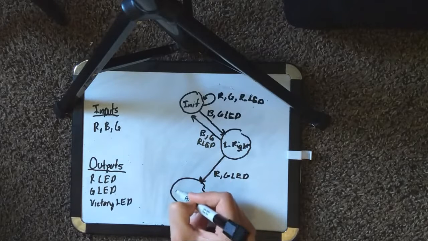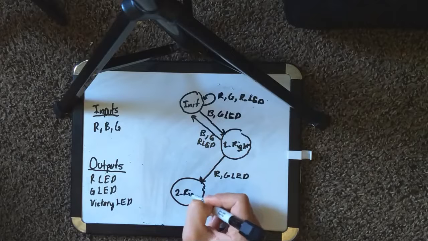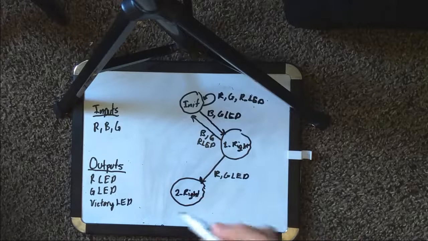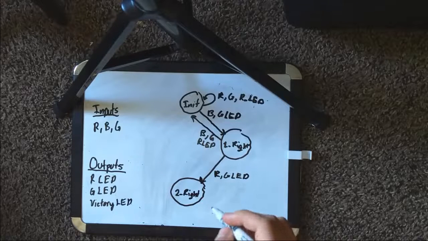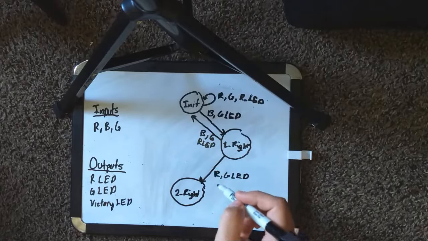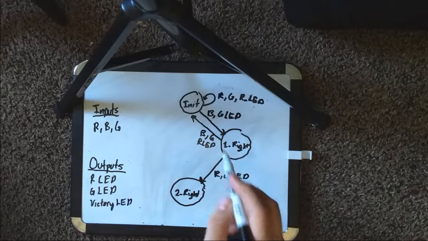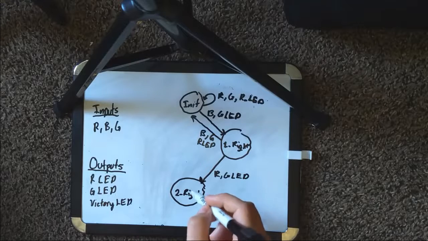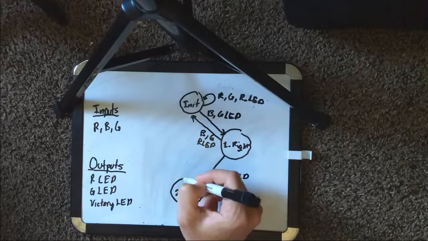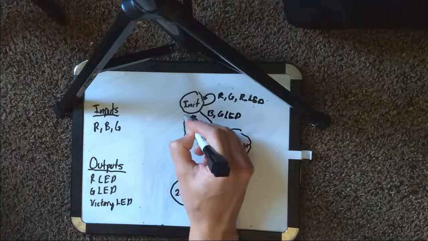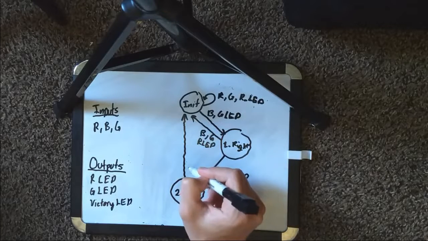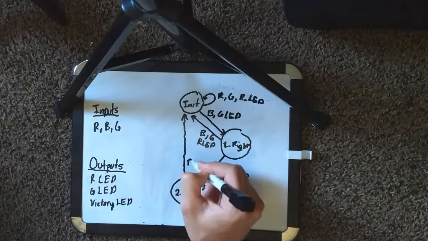This one we're going to call 2 right. That means you got 2 right. Congratulations. So again, our sequence is blue, red, green. So if we press the red button, we got one wrong. We want to go back to the init state. Red.